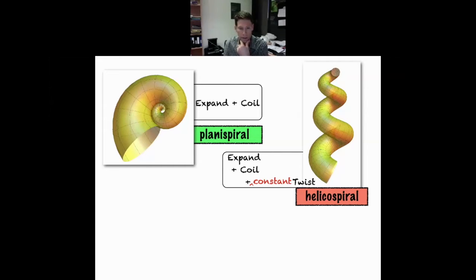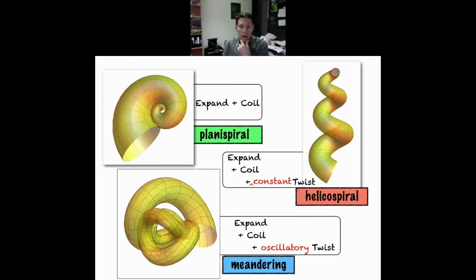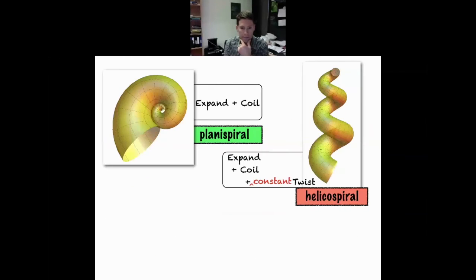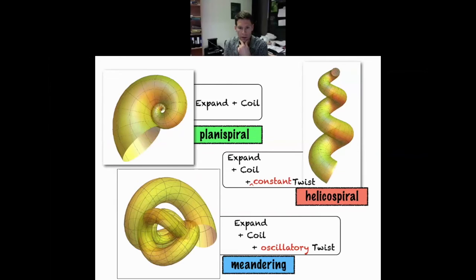And that's what we call a helicospiral shape. On the other hand, if you do the same thing and you have an oscillatory twist, so imagine the animal is twisting one way for a while and then twists back the other way and keeps going like this, you get this shape. And this shape is very reminiscent of these shells here, these so-called nipponites. We're going to call those meandering.